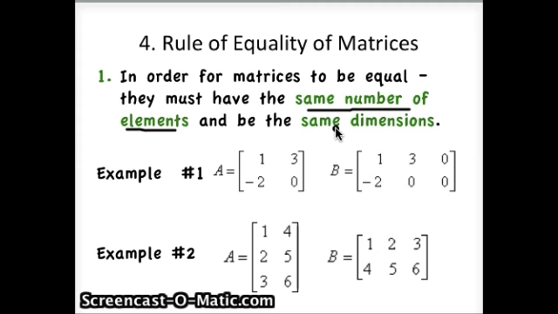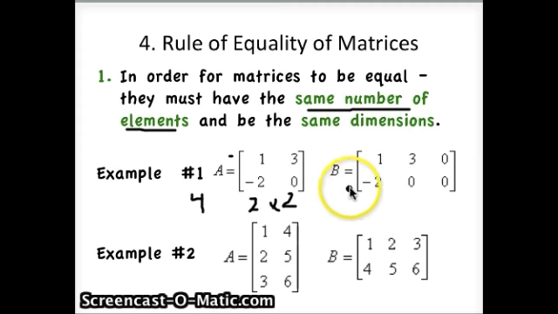So for example number 1, matrix A has 1, 2, 3, 4 entries. Okay, so that's the same number of elements or entries, and it's 2 rows by 2 columns.